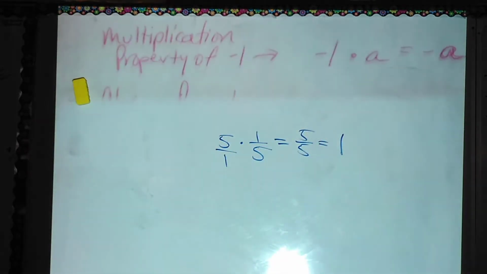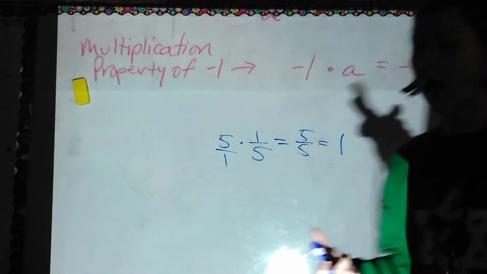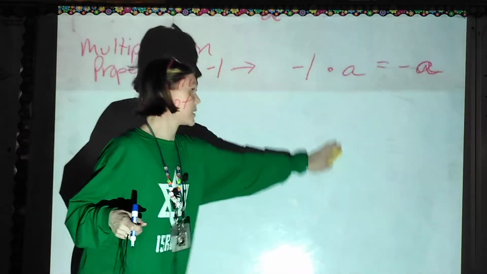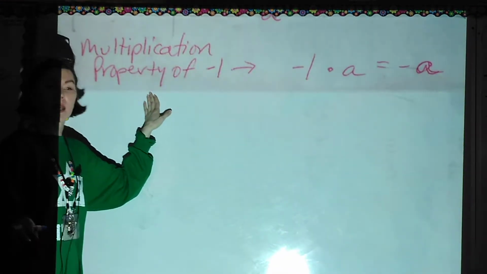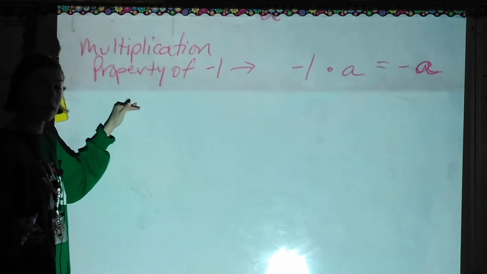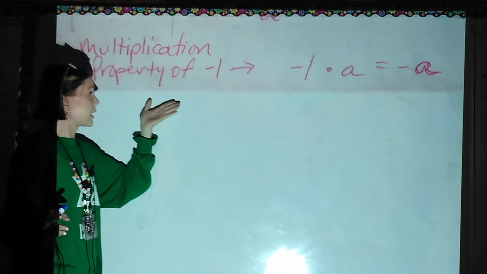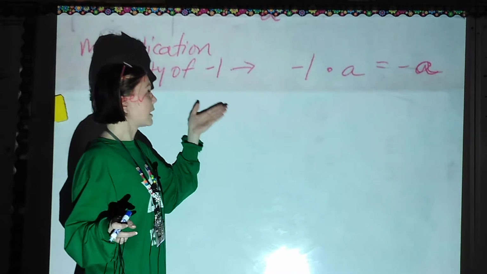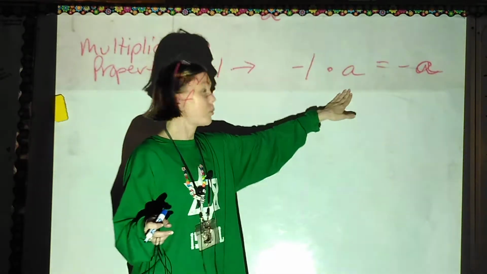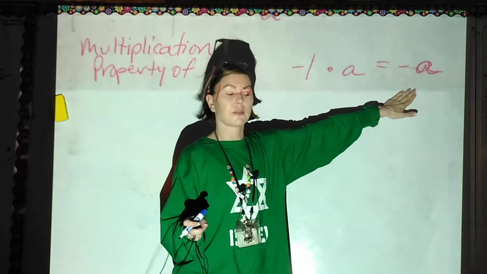Okay, so here is the multiplication property of -1. I bet you guys can guess. This isn't on the handout that I gave you, so you're going to have to write this beneath it yourself. Multiplication property of -1 basically means that -1 times anything makes the original the opposite of what it was.